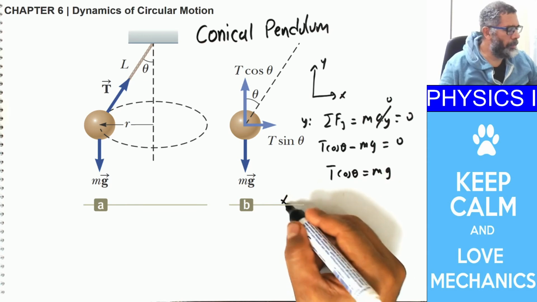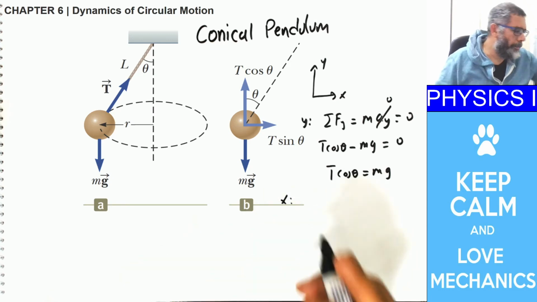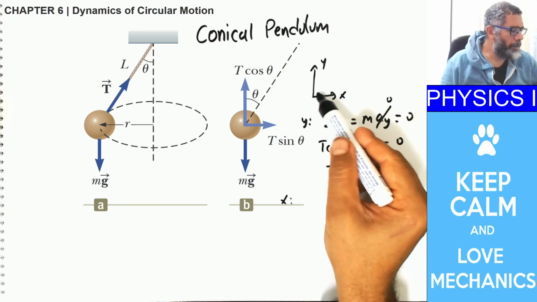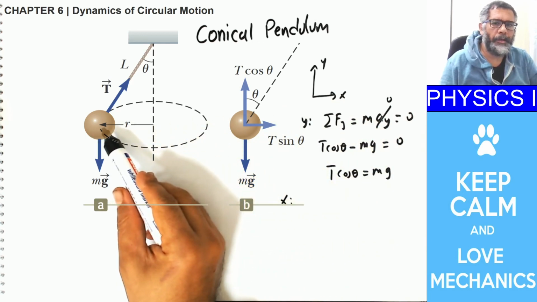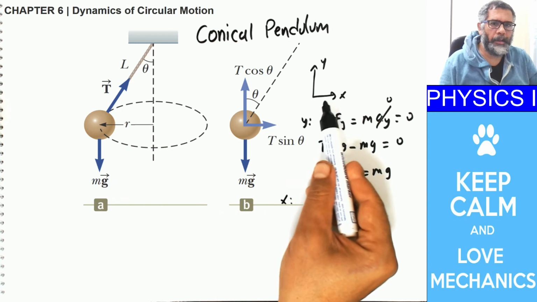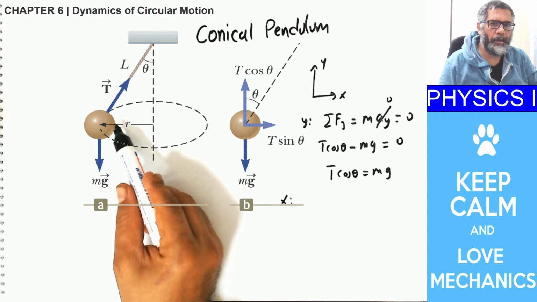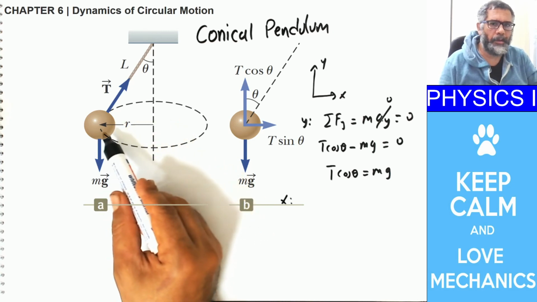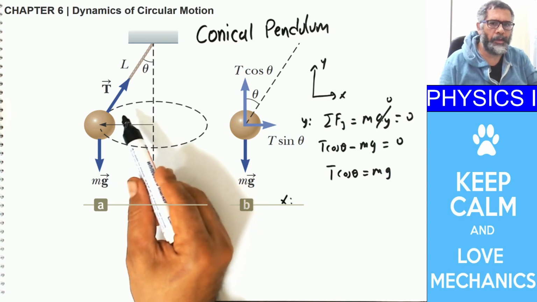If you write down the motion in the x direction, well, now this x is in the direction of r at this position of the object. At this special position of the object, this axis which is shown as r is nothing but the radius of the circle.